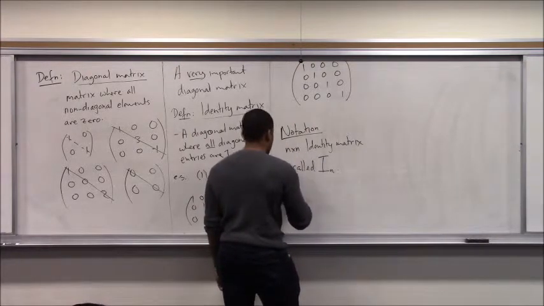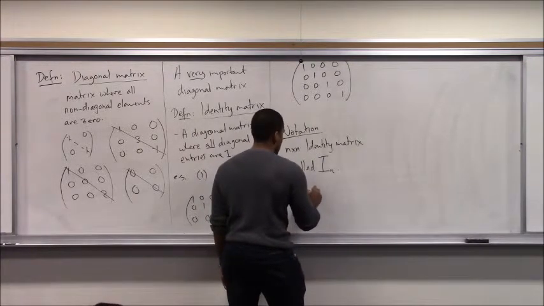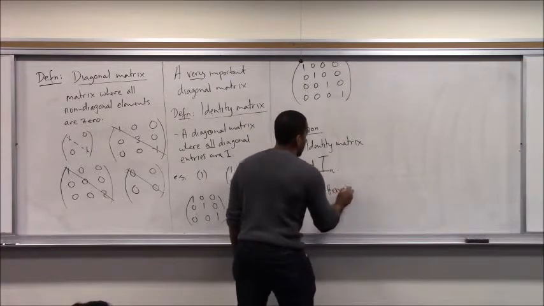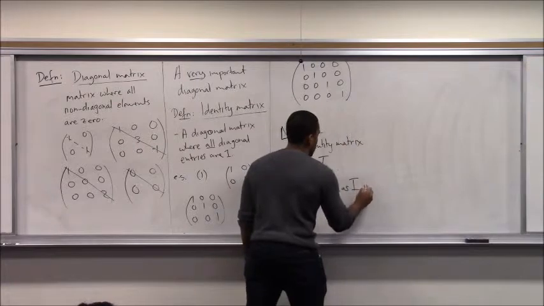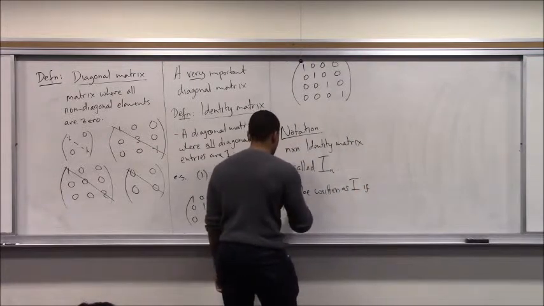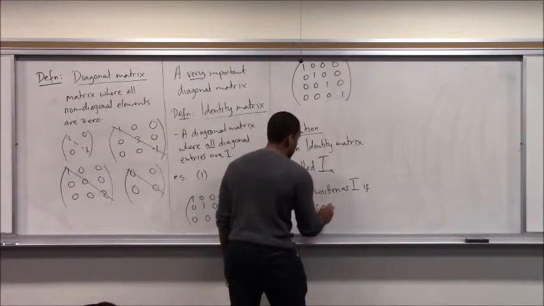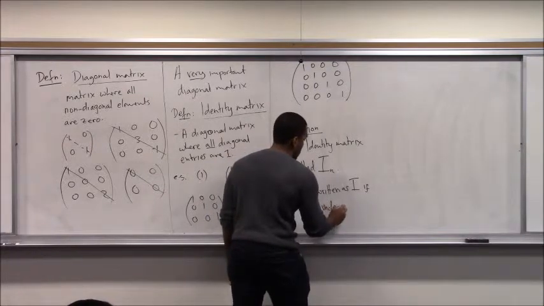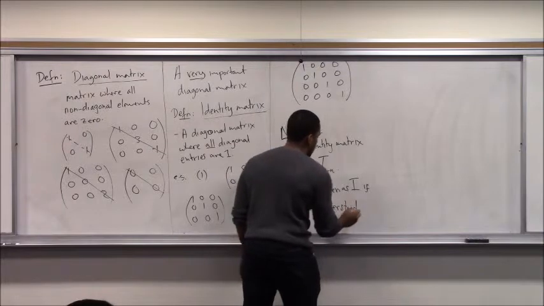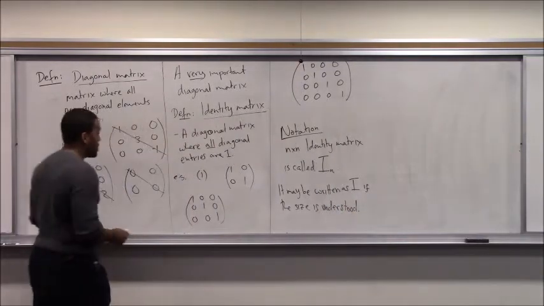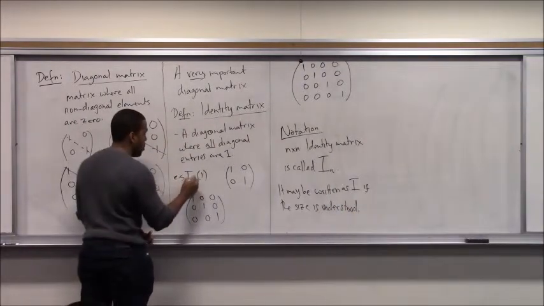It may be written as I if the size is understood. But if you want to emphasize the size, you should write I with a little number. That means this guy, I can call it I1.